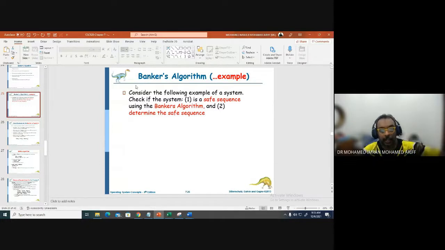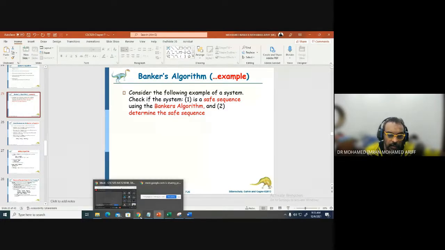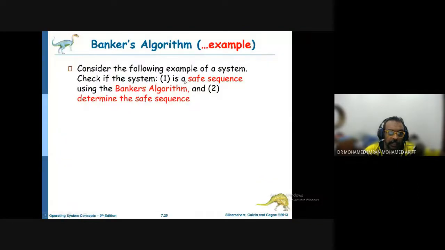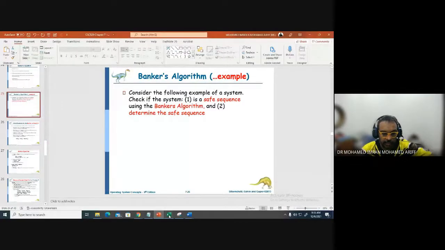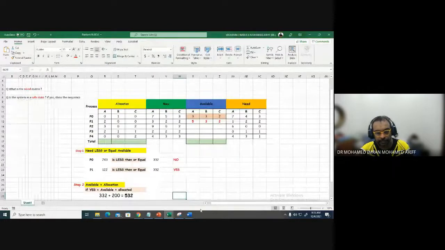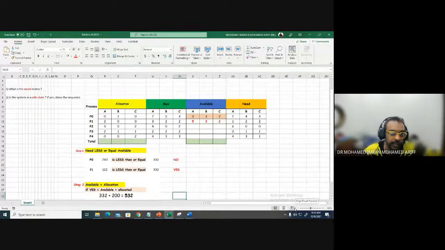Consider the following example of a system. Check if the system is in a safe sequence. Okay. Check if the system is in a safe sequence yang pertama, dan kedua ni determine what is the safe sequence. Okay. So, what is the example? The example is here. Can you all see this example?